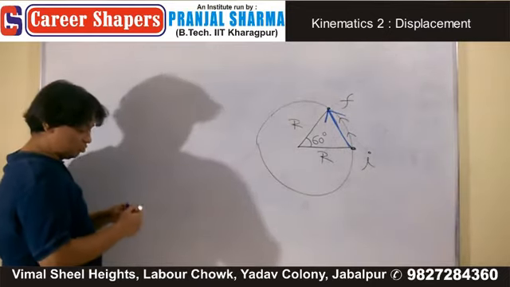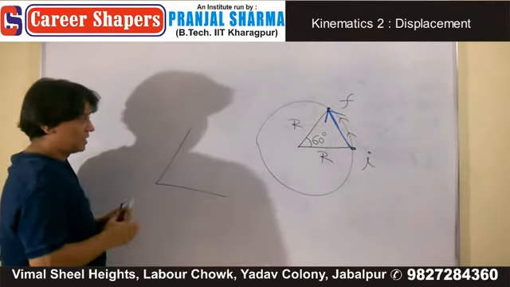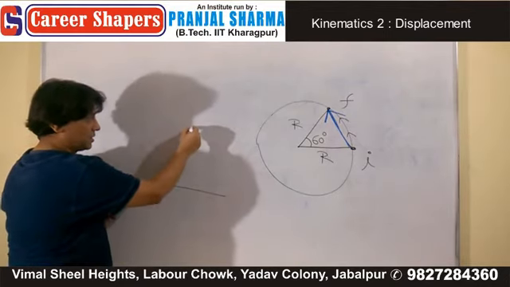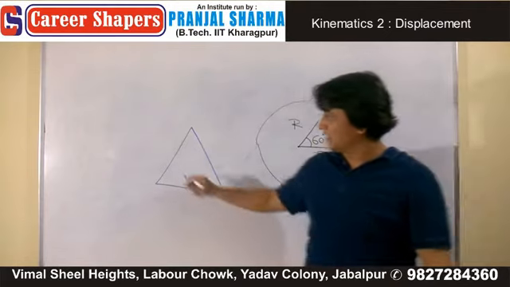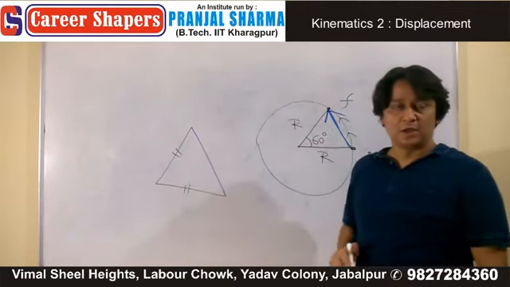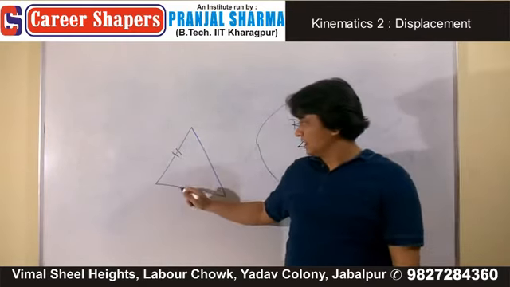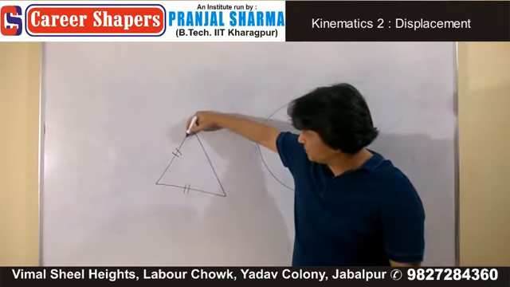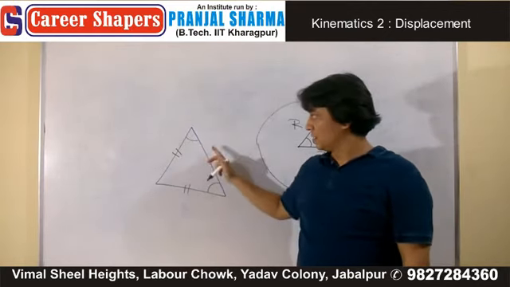You have a triangle. And in the triangle, you have been told that this arm and this arm, they are equal. That makes it an isosceles triangle, which means these base angles, they are also equal.